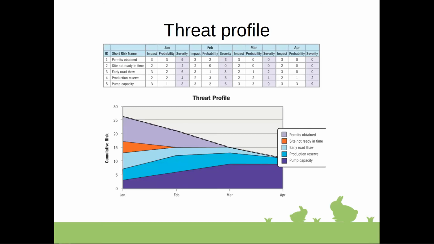Threat profiling is part of a threat management strategy. You can do analysis of any specific threat by building a threat register over time. There are three properties that you can analyze for the threats: impact, probability of happening, and impact severity.